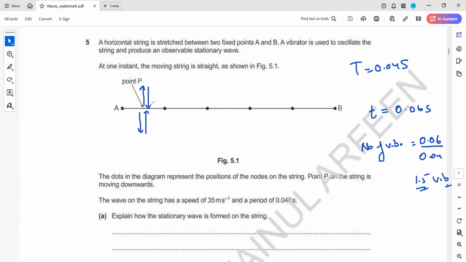That is one oscillation. We want 1.5, so then it goes down and comes back up. So how much is the total distance? In the question it is given that this total distance is 72 centimeter.